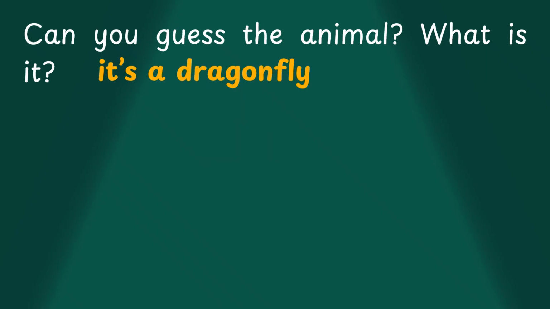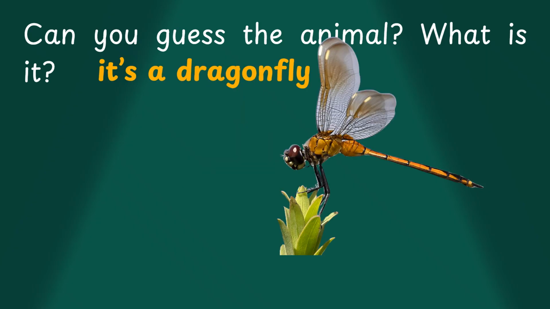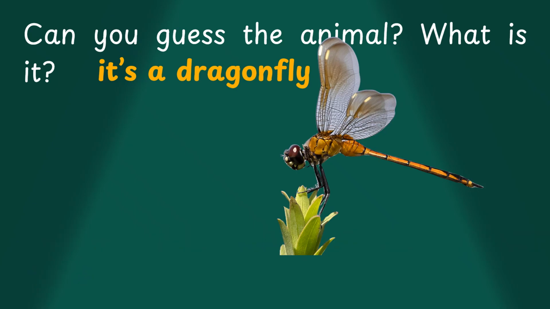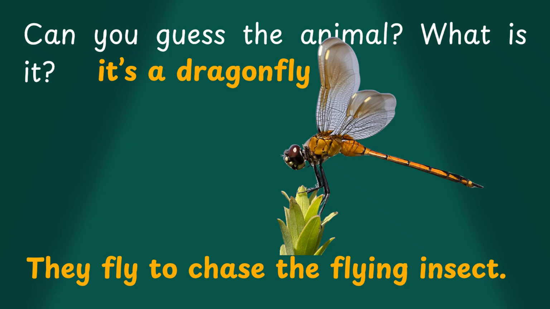It's a dragonfly. Very good. Dragonflies do not eat nectar from flowers, but eat other flying insects. How can their wings help them get their food? They fly to chase the flying insect.